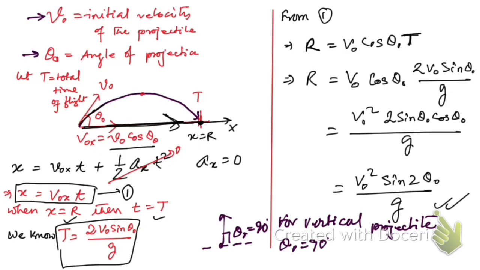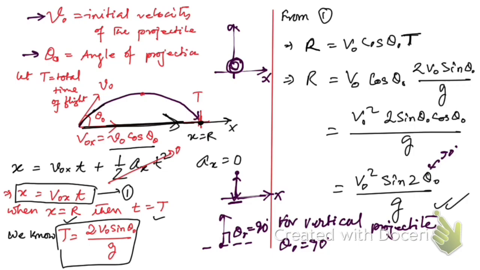If you throw something vertically upward, then definitely it will fall down at the same position on this x-axis. So that's why the horizontal range must be 0. Suppose this is a stone thrown from this position on the x-axis, then it is thrown vertically upward, again it will fall down and reach the same position.